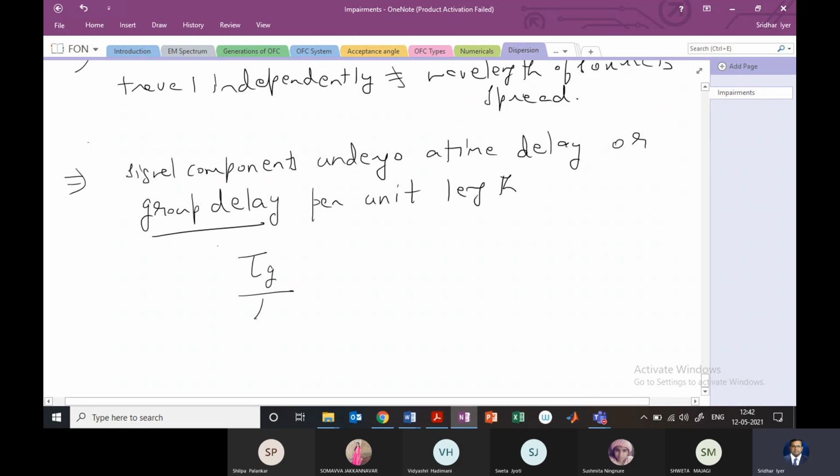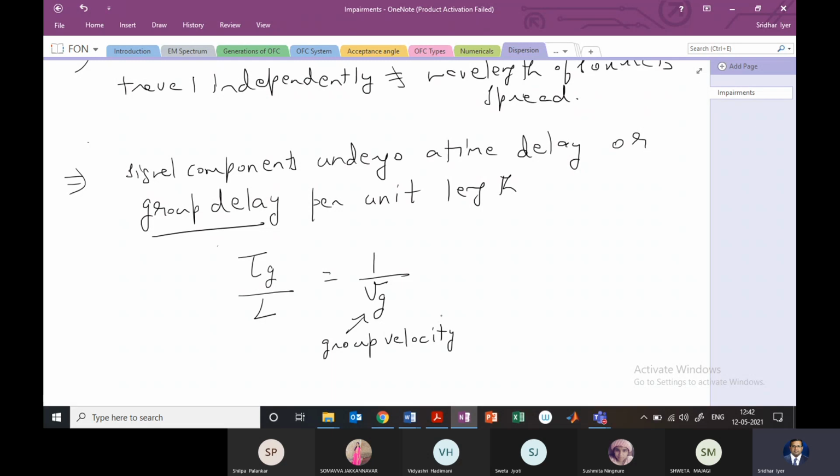is per unit length, I'll divide it by L, and this is given as 1 by Vg, where Vg is the group velocity, that is the velocity of all of these energies traveling, right? Because they travel in the group.